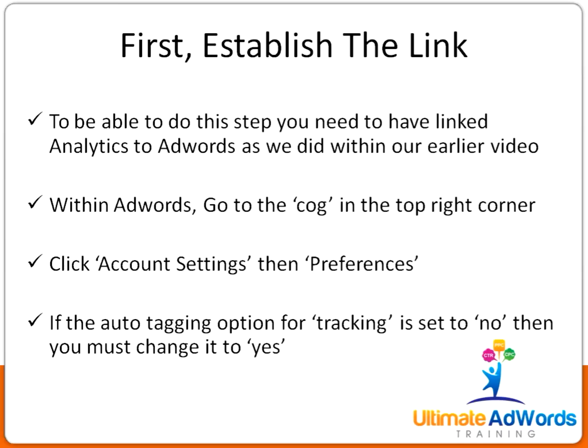So first we want to establish the link. To be able to do this, we need to have linked AdWords and analytics, as we did in our earlier video. Within AdWords, we go to the cog in the top right corner, then account settings, then preferences. If the auto tagging option for tracking is set to no, then we must change it to yes.